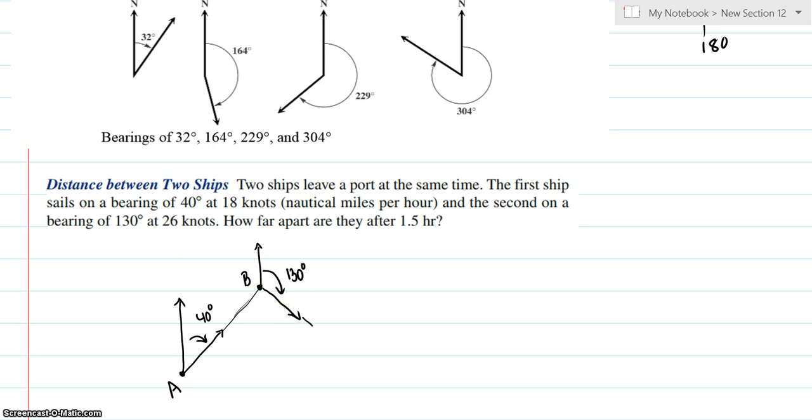At the same time, this one is going a little faster, 26 knots. He's going to end up at point C as he goes along that line. And the question is, after 1.5 hours, so assume that this is where that guy is at 1.5 hours, and that is where this guy is at 1.5 hours. We're looking for the distance here between those two ships.